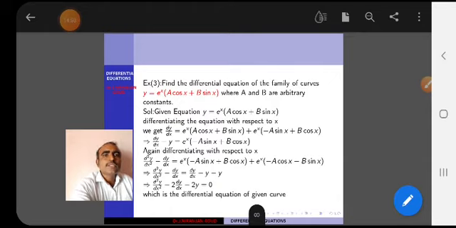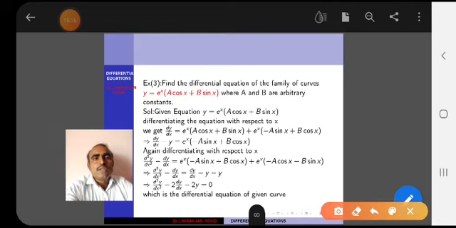So the derivative of y is dy/dx. This is a product of two functions, so apply the UV formula: (a cos x + b sin x) times the derivative of e^x, which is e^x, plus e^x times the derivative of (a cos x + b sin x), which is (-a sin x + b cos x). Now observe here.